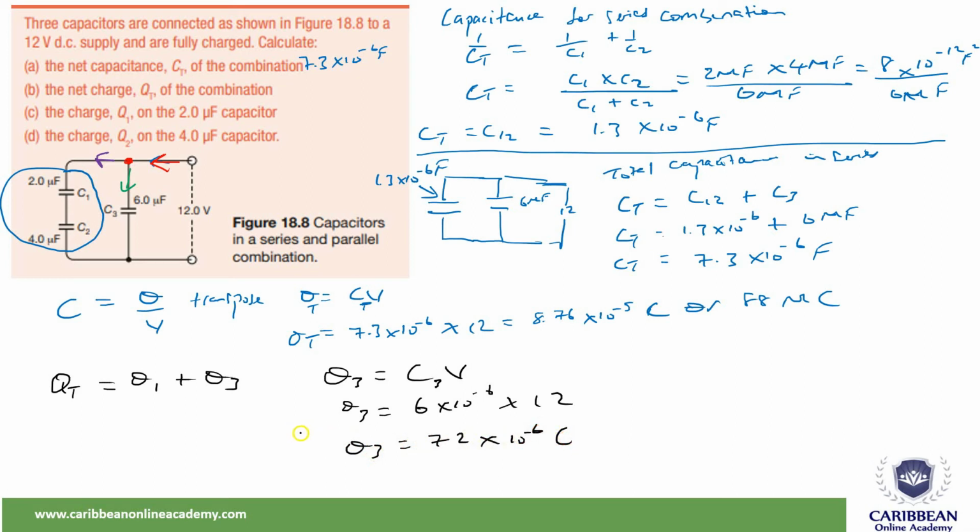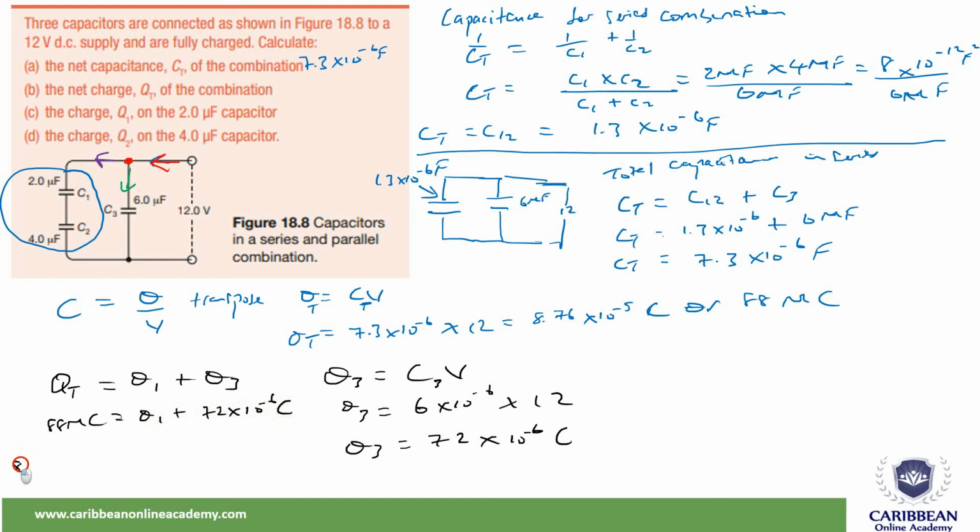And from the fact that I know that QT was determined to be 88 microcoulombs, and I just calculated that Q3 is 72 times 10 to the minus 6, then I can find what Q1 is. And this is obviously coulombs.